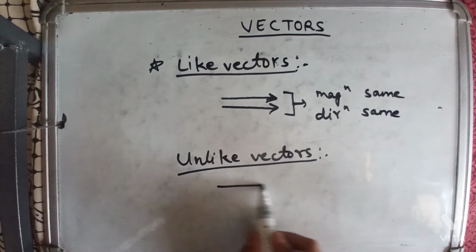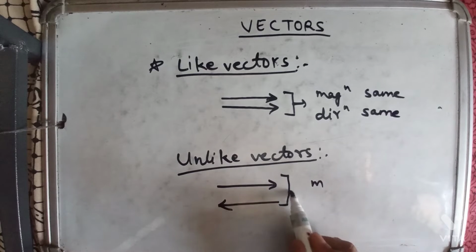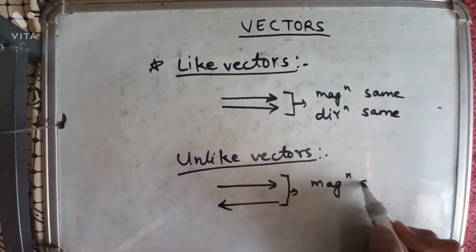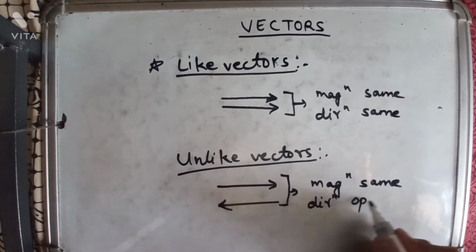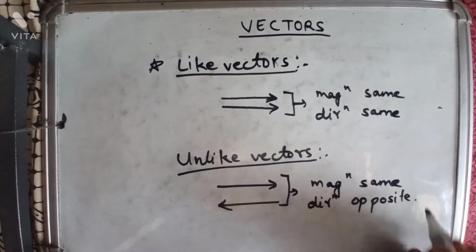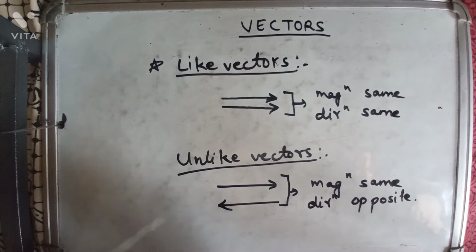But if we see unlike vectors, their magnitude is the same, but the direction is opposite. This is the condition that applies to like and unlike vectors. Are they collinear? Yes, they both are collinear, but one has the direction opposite to the other. So this is the story of like and unlike vectors.